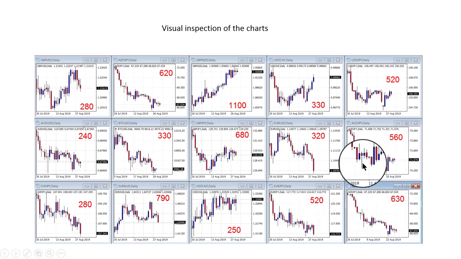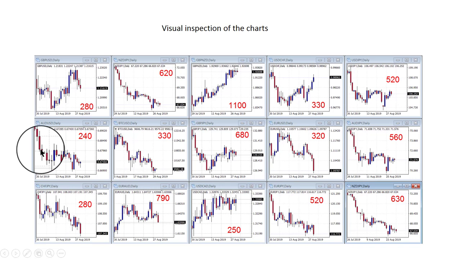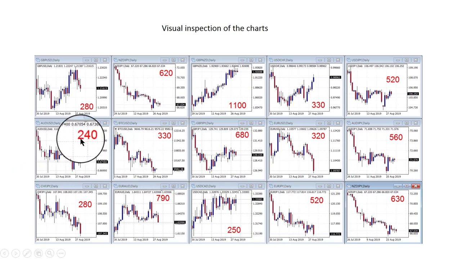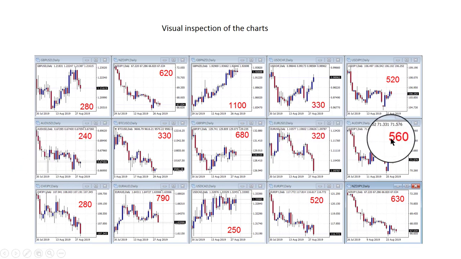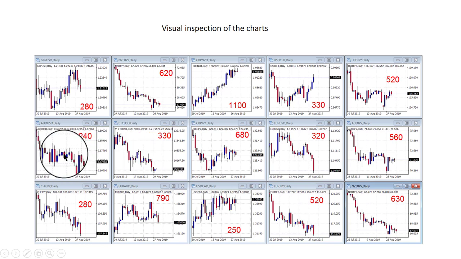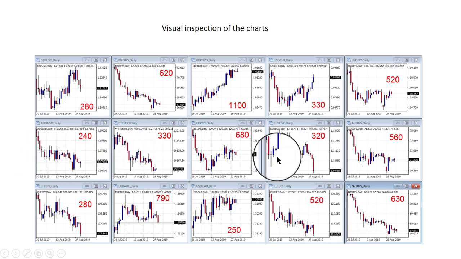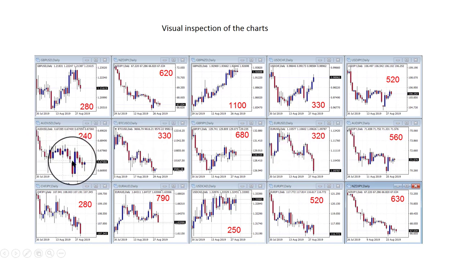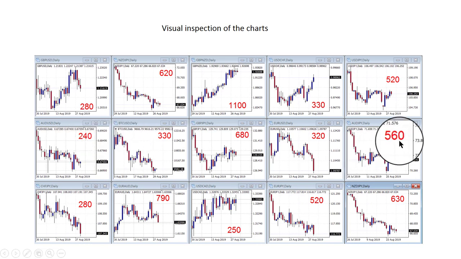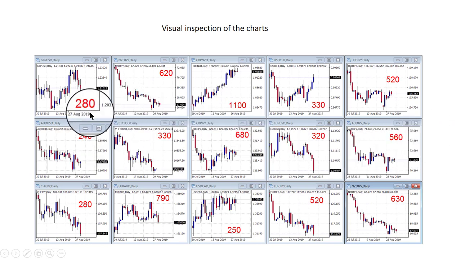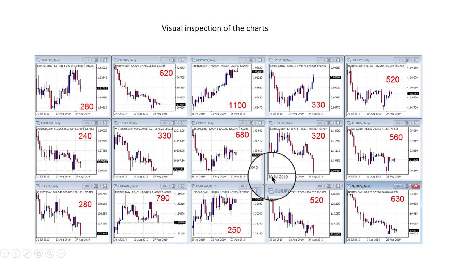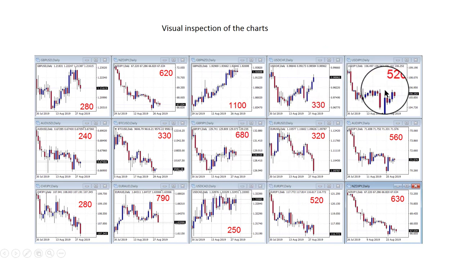For instance, this might look like a sideways, but that in fact is also a sideways, but it's only moving 240, and that one's moving 560. So maybe that's a more sideways currency than that one, because it's moved less than that one.